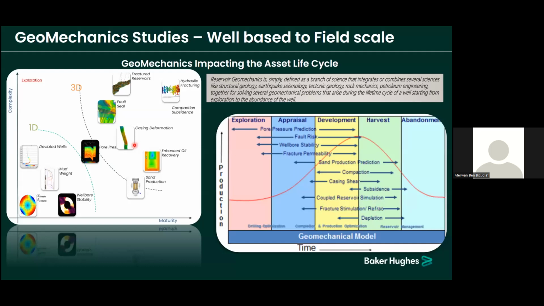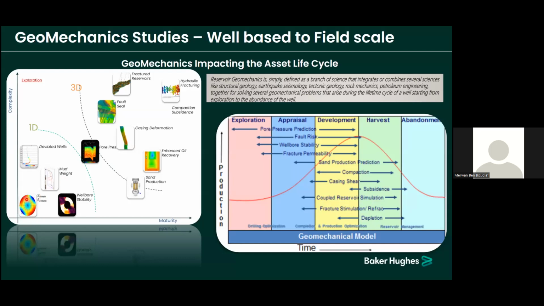Here is a diagram of different geomechanics applications, dependent on the complexity, and on the x-axis dependent on the maturity of the field. At the very beginning, we have the very simple geomechanics called stress estimation, SH min, SH max.